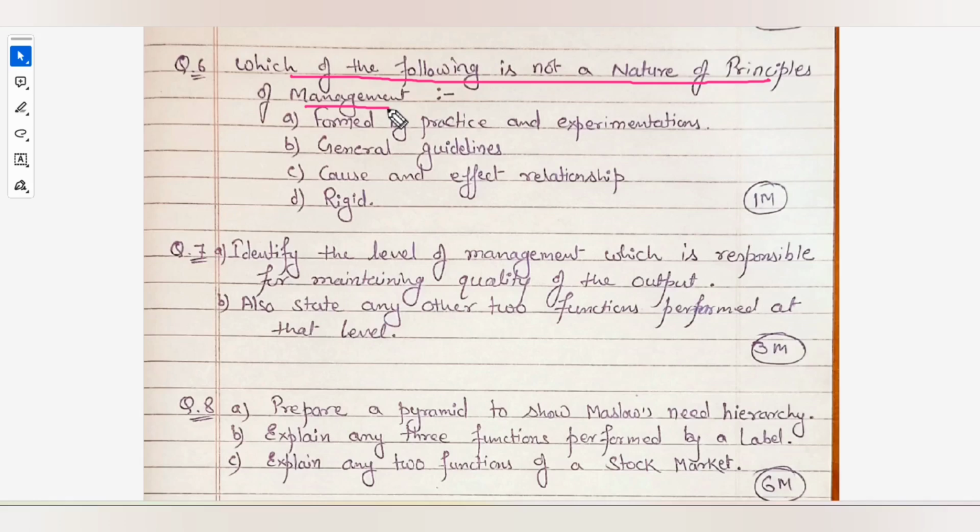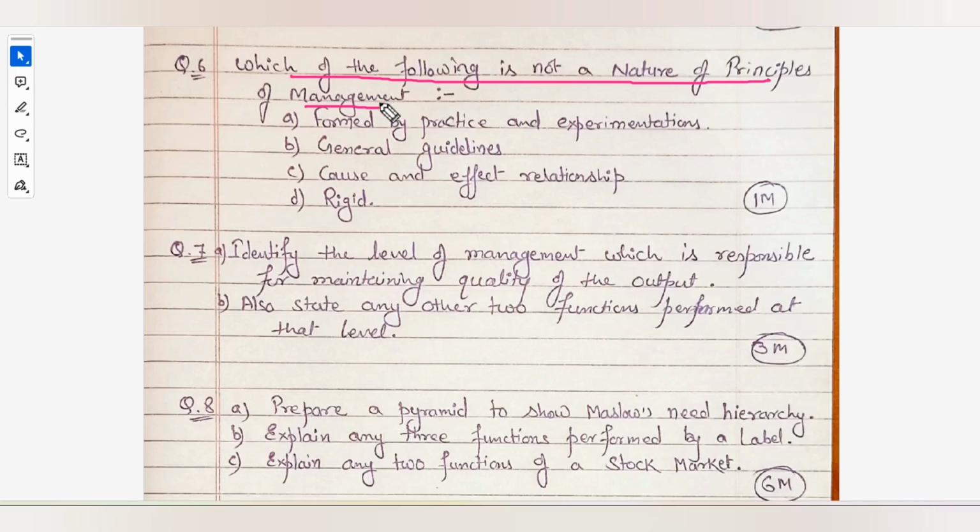In the chapter on principles of management, a certain number of principles are given by Fayol, that is 14. Then 4 scientific principles by Taylor are given. Then techniques are given. But before all these, we have gone through certain features or natures of principles of management, and in this question it has been asked which is not a nature.